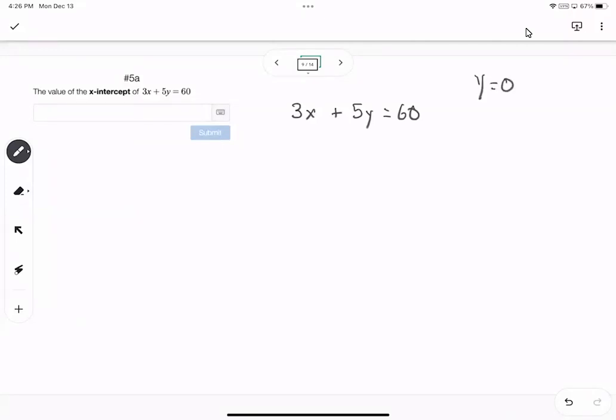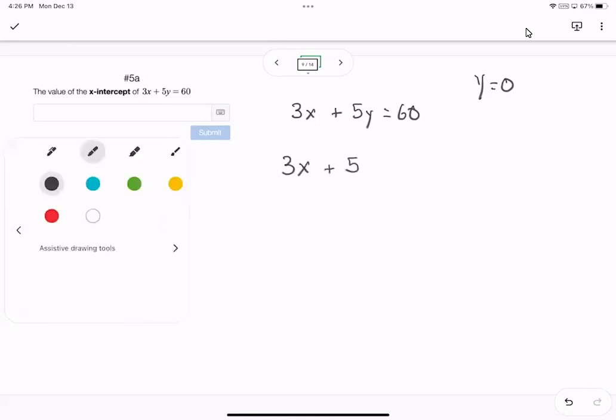So what we're going to do is rewrite this equation, and everywhere we see y, we're going to plug in 0. 3x plus 5 times 0 equals 60.